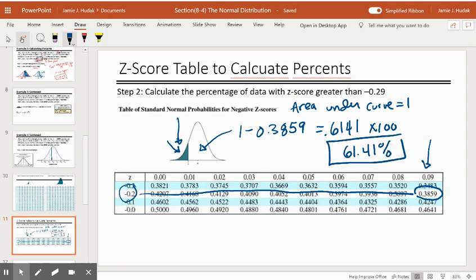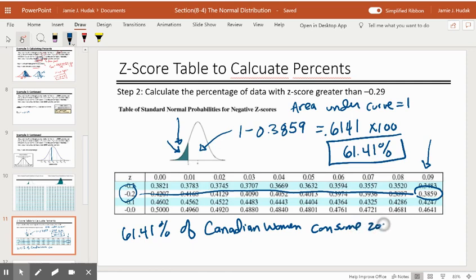So that means that 61.41% of Canadian women consume 2,000 calories or more per day.